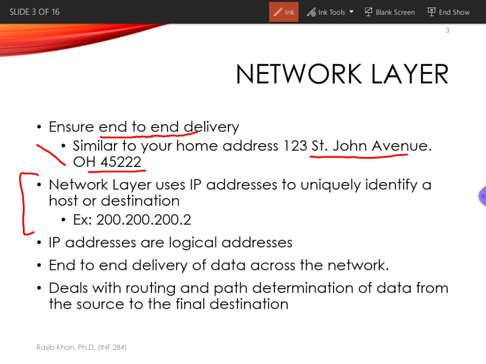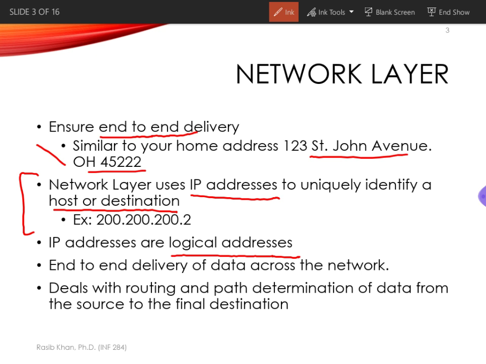In the network layer, the addressing is based on what we call IP addresses, and they are addresses which uniquely identify a host or destination which is a part of a network, right? And the reason why we call these logical addresses is because the IP address that is assigned to a specific interface of a network node is based on the node's current point of attachment in the network.